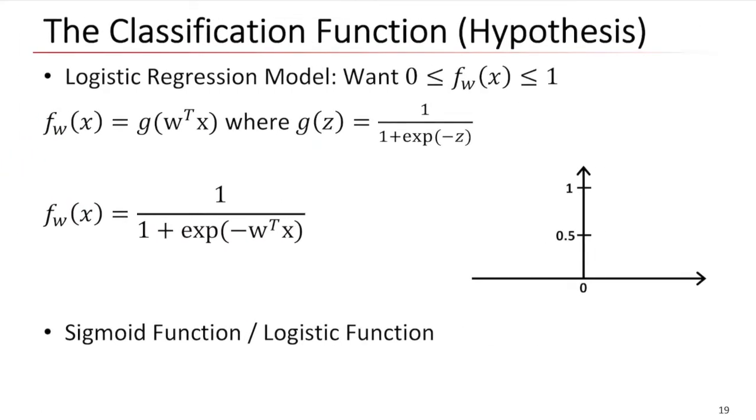First of all, we have to define the classification function, or hypothesis, or mapping function. Compared to the linear regression model, we have an additional constraint: our mapping function should be larger than 0 and less than 1, right?